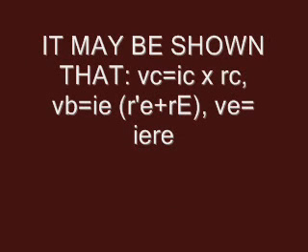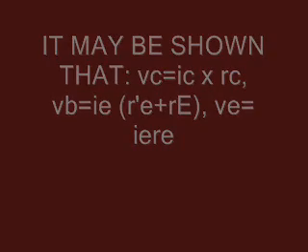It may be shown that vc is equal to ic into RC, vb is equal to ie into r'e plus RE, and ve is equal to ie into RE.